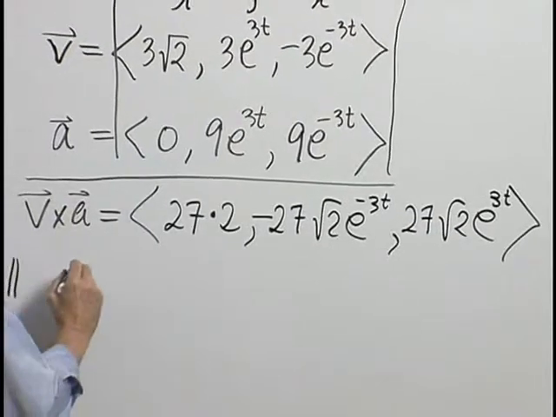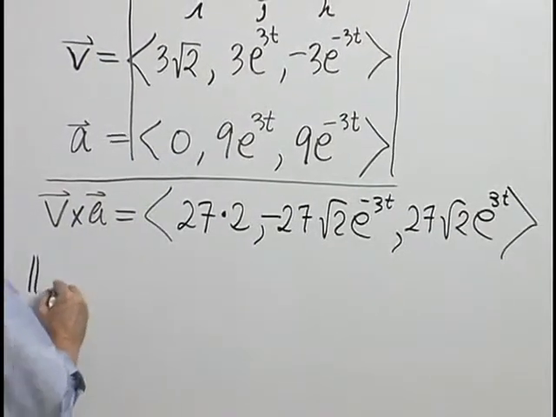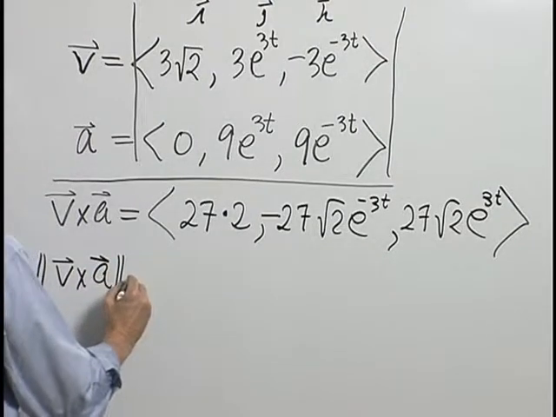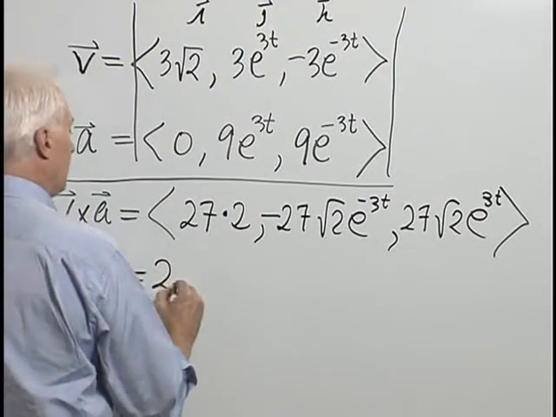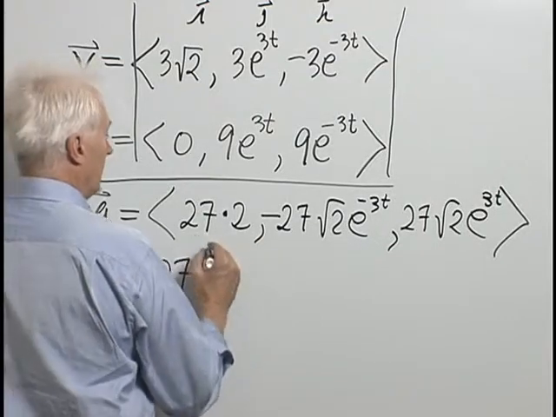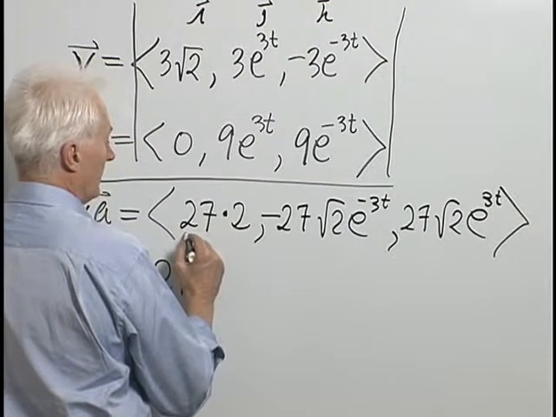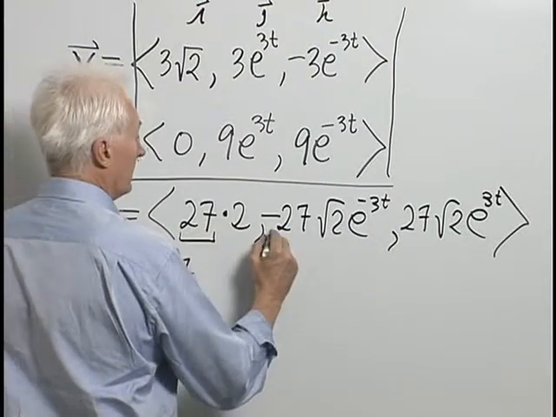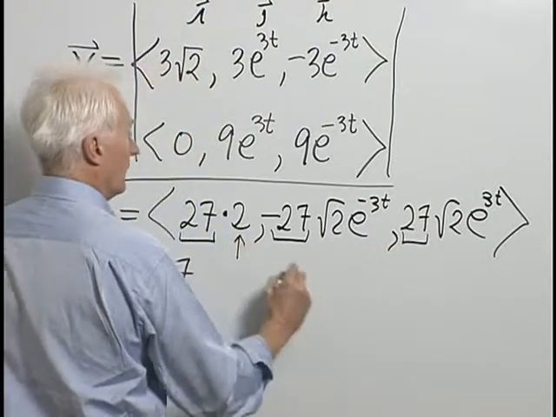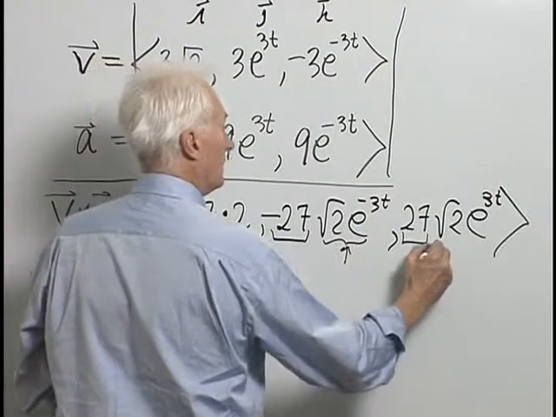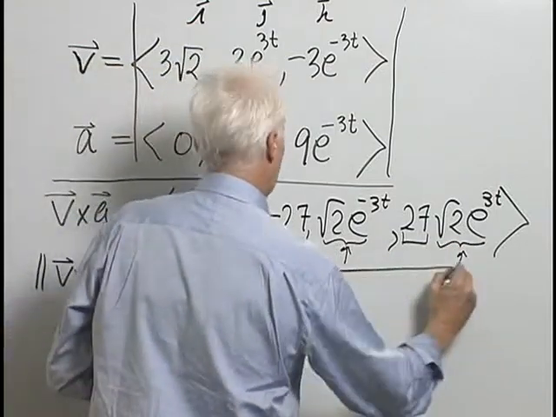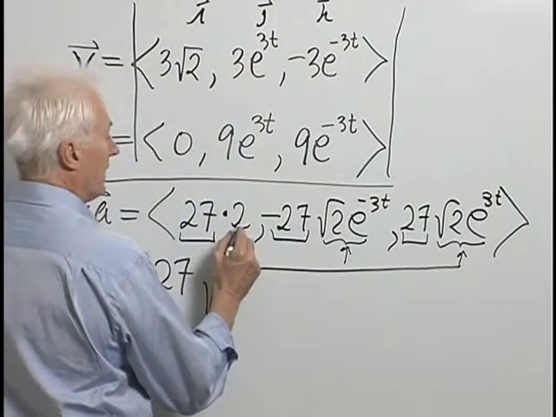Well, anyhow, there's v cross a, and so what we have to do is find the length of this vector. Notice we can factor out a 27, and that'll make it easier for us to do this. So v cross a is 27 times the length of what we get by eliminating this. So in other words, imagine we've eliminated this number 27 and this number 27, and concentrate on these. So we take the square root of the sum of the squares of those.